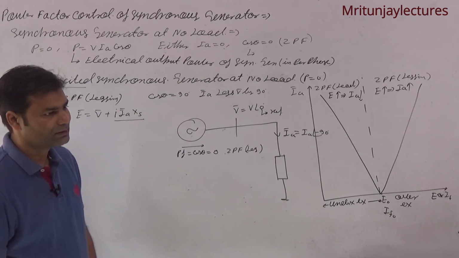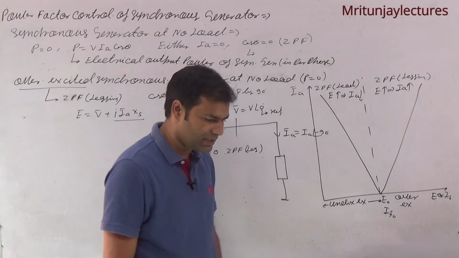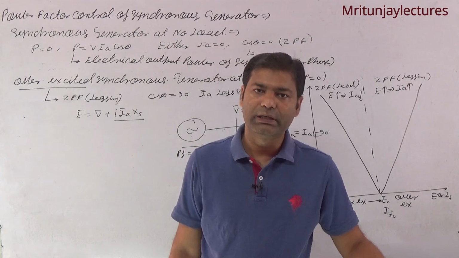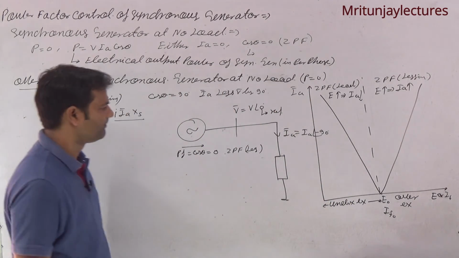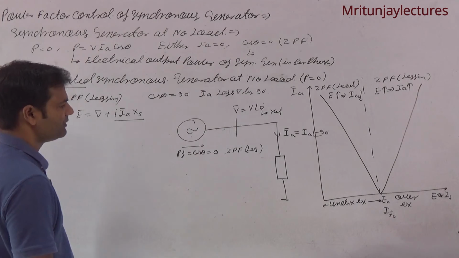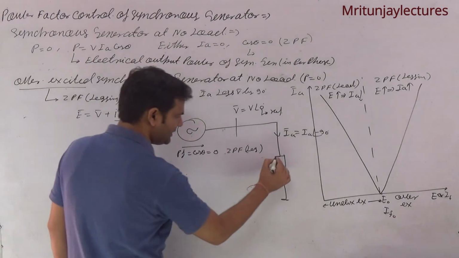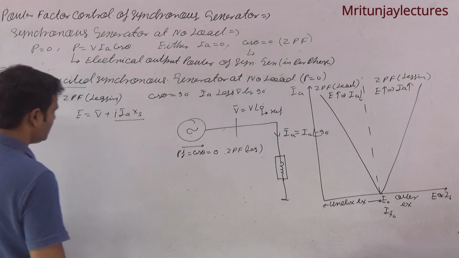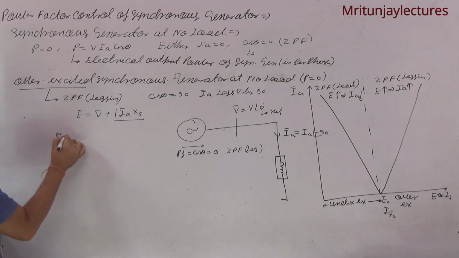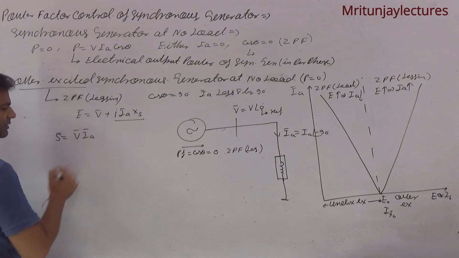Okay, why? In a pure inductor also, the current lags by how much angle? 90 degree with V. Okay, so if you want to make it like this one, clear? Now what about S? If any doubt, then make it correspondingly.